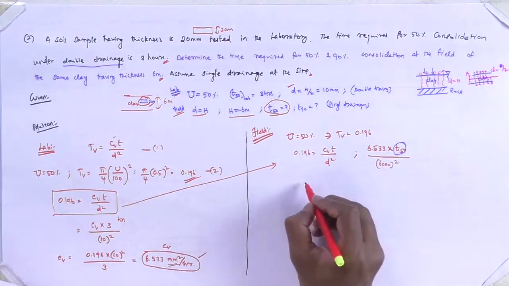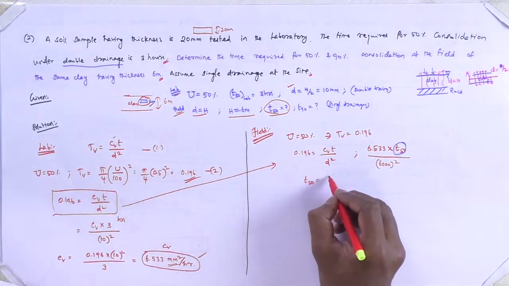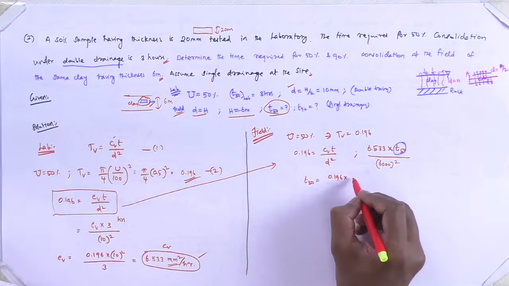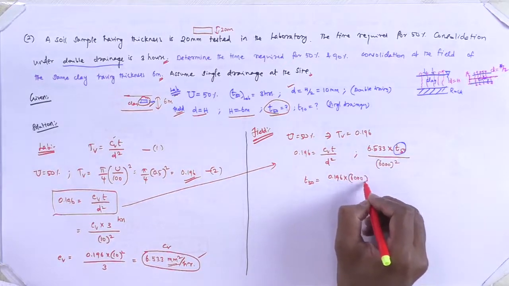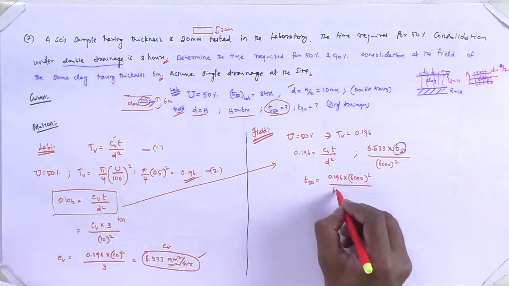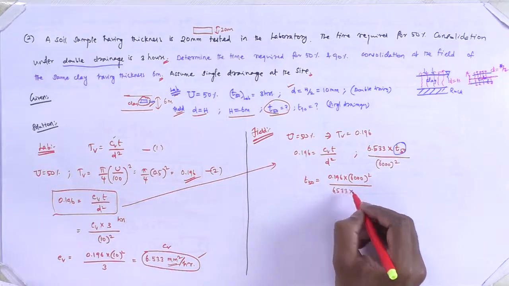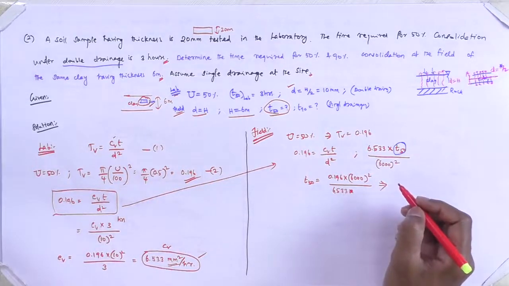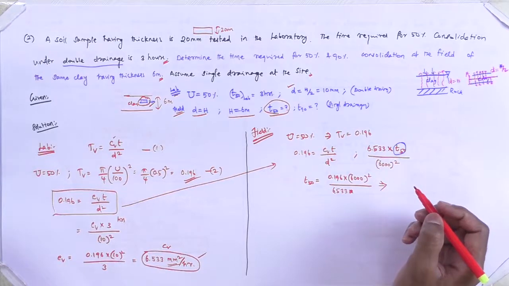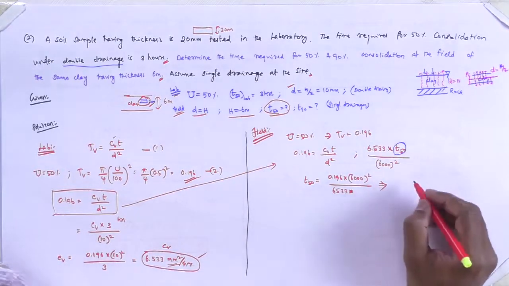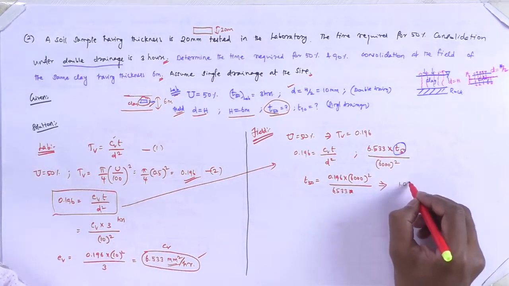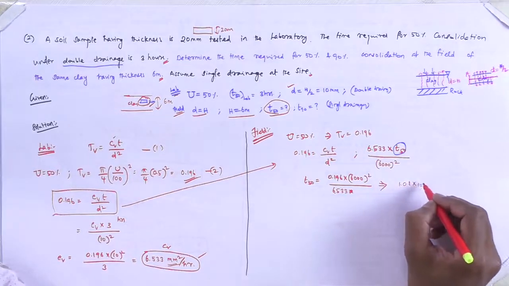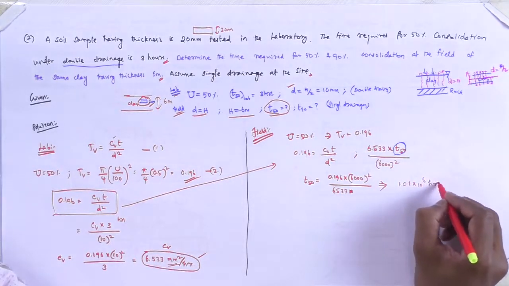So to get T50, it is 0.196 into 6000 square divided by 6.533, we get T50 as 1.08 into 10 to the power 6 hours.